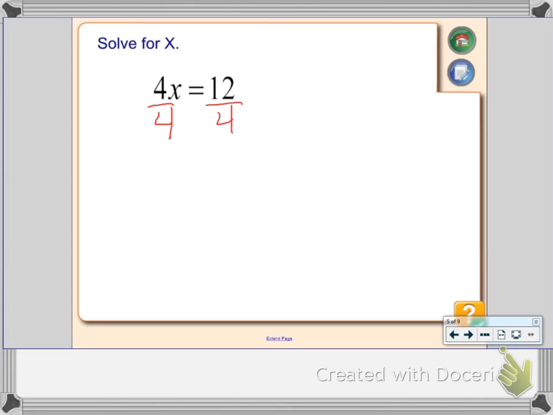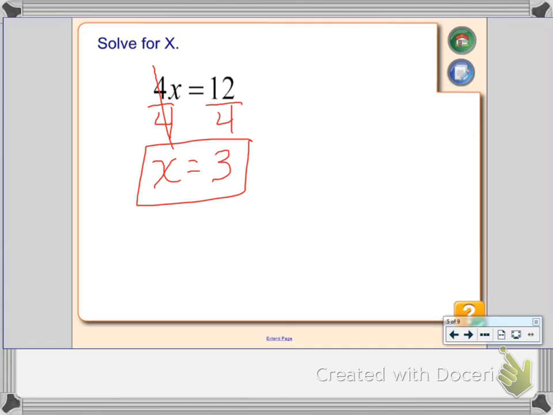Now, technically when you divide 4 by 4, you end up with 1, so we would have 1x, but 1 times x is the same as x. We don't ever write that 1 in front of the x. So we cross these out because these cancel. And then 12 divided by 4, of course, is 3. So our answer is 3.